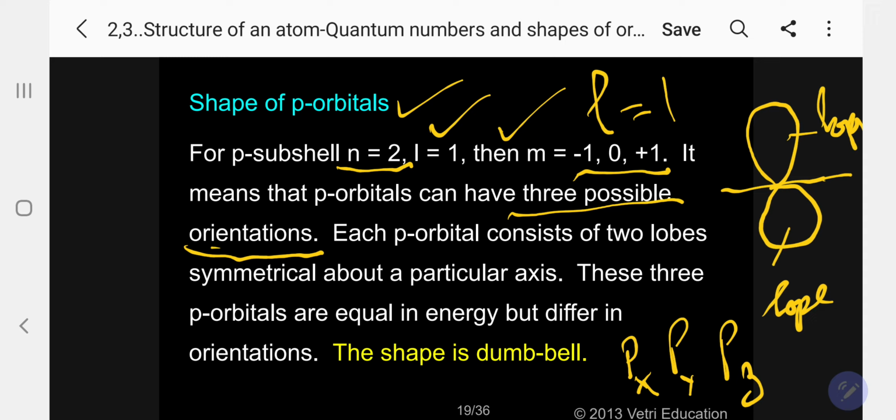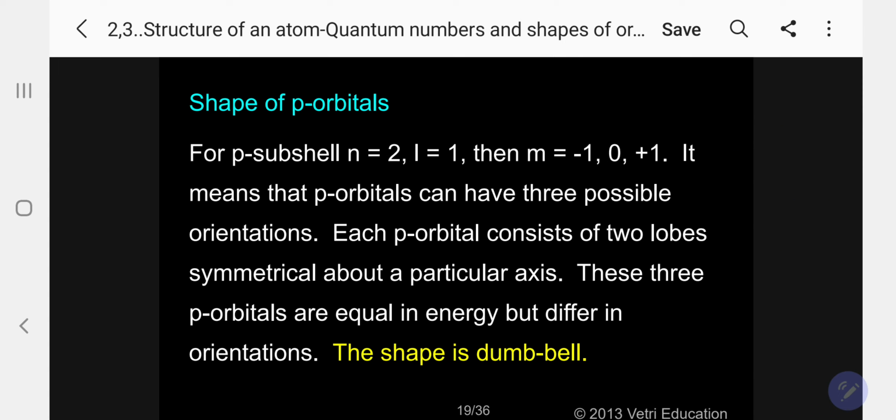So, the shape is called dumbbell. Please follow. The shape of p orbital is called dumbbell. But here there is a node at the center where the probability of finding electron is nil. It's a nodal plane. Okay, next.